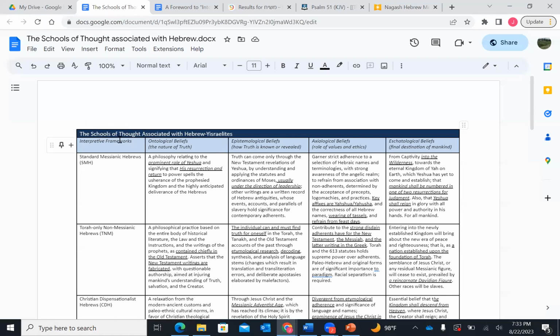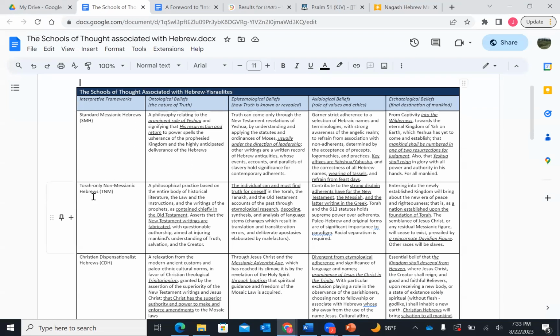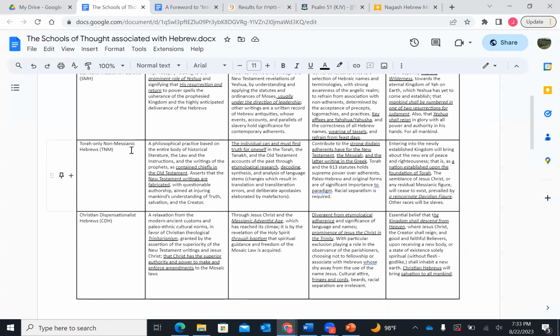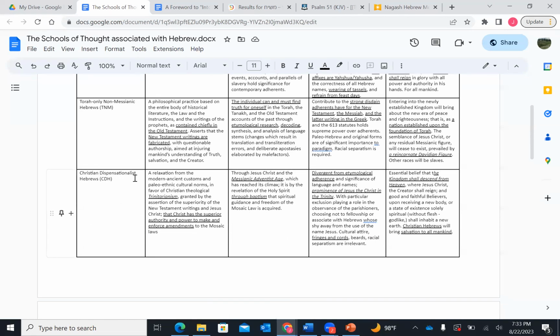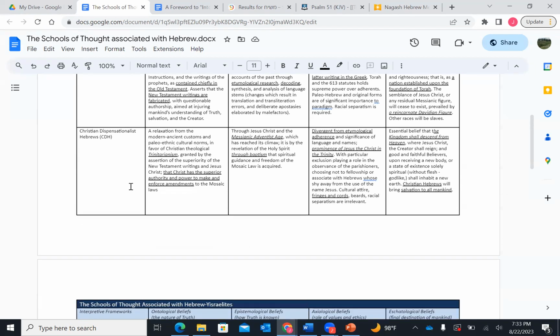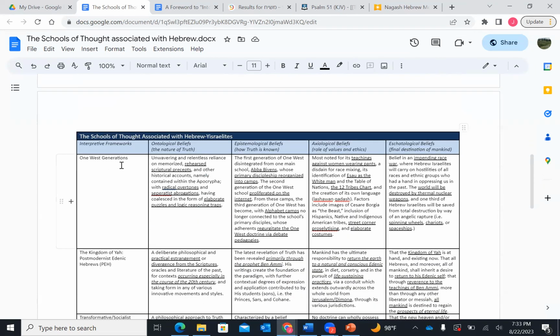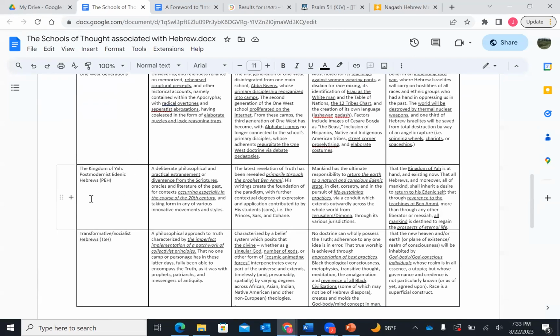So these are the schools of thought associated with Hebrew Israelites. We talk about the different kinds of Hebrews: the Messianic Hebrews, and the Old Testament only Hebrews, whom we call non-Messianic. We have Christian Hebrews like IOG or Pastor Bowie. You have the One West camps, and the Kingdom of Yah, which I call postmodern Hebrews.